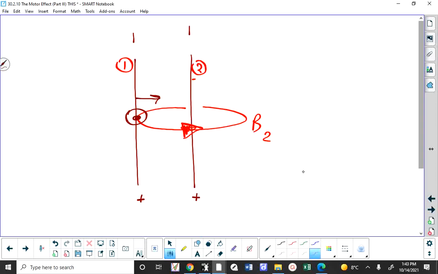And then you can repeat the process and imagine wire 2 being in wire 1's magnetic field, which I'm just going to do in a different color. Wire 1's magnetic field looks like this. Well, kind of like that. And the magnetic field of wire 1 here is in.